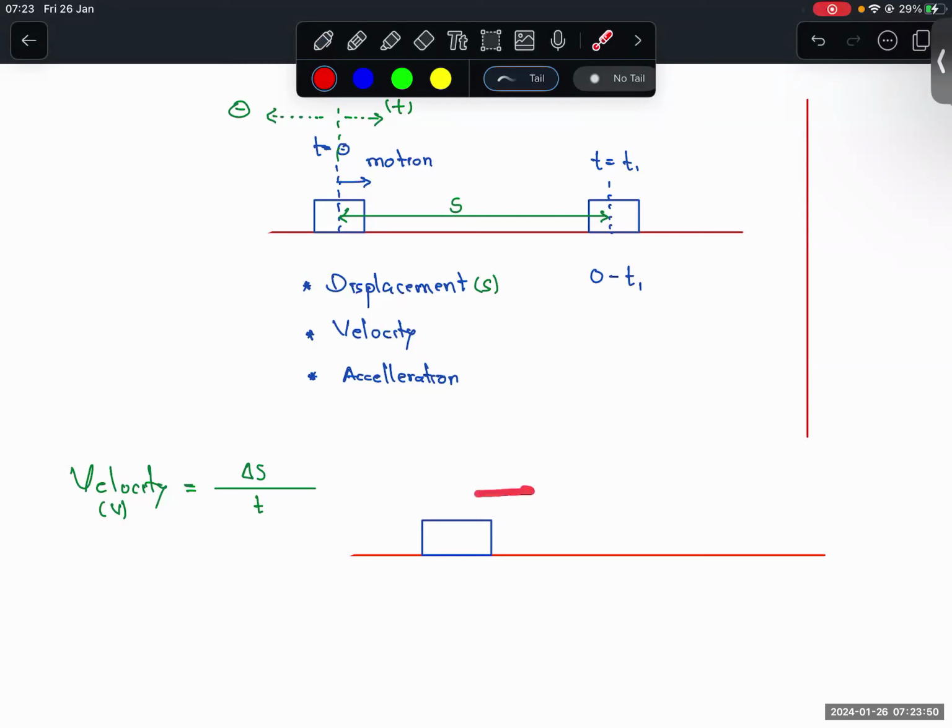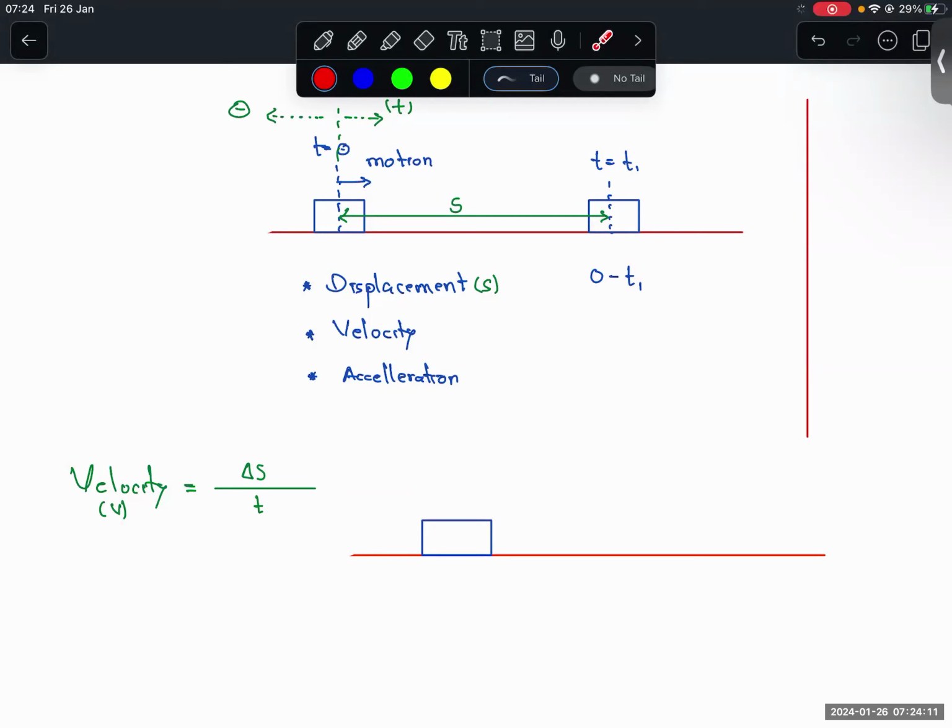If it is moving towards this direction, you consider it positive, for example. If it is moving in the opposite direction, you call it negative. You don't look at whether the velocity is increasing or decreasing. You just tell it according to which direction it moves towards.